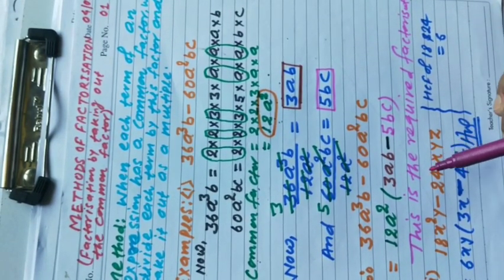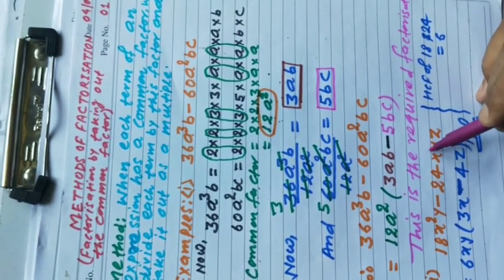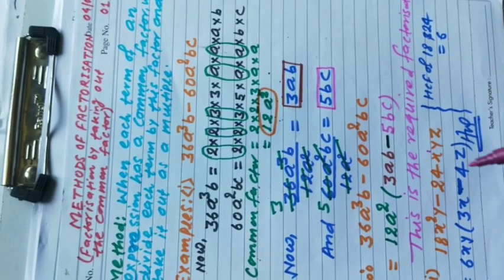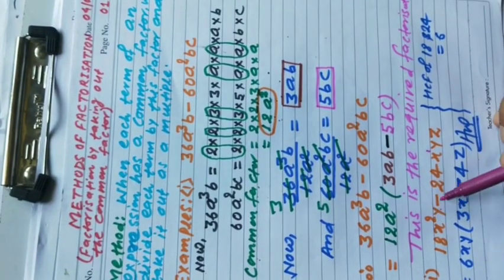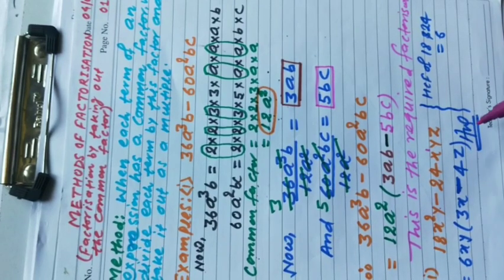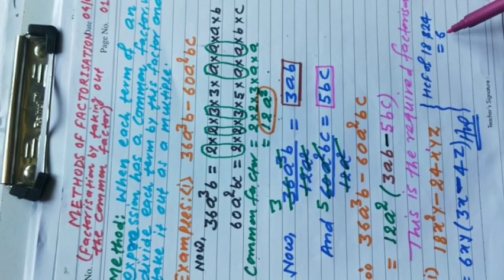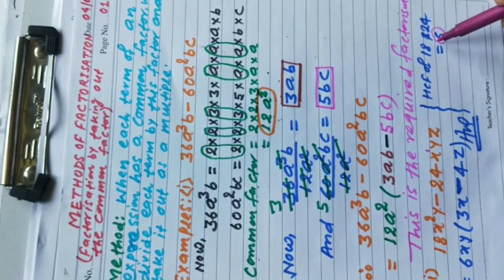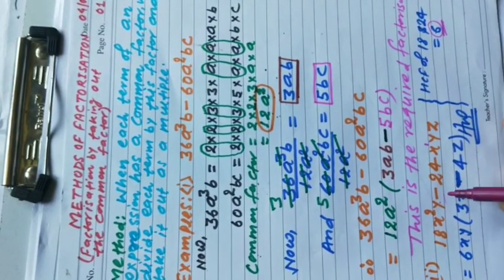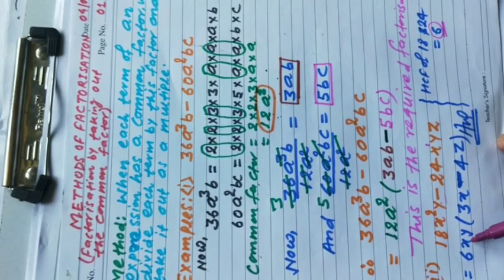So the common will be the lowest power, that is x power 1, so x will be common. y is here and y is here, both having the same power, so y will also be common, and the HCF of the numbers, that is 6, will be common. So take the common factor 6xy.